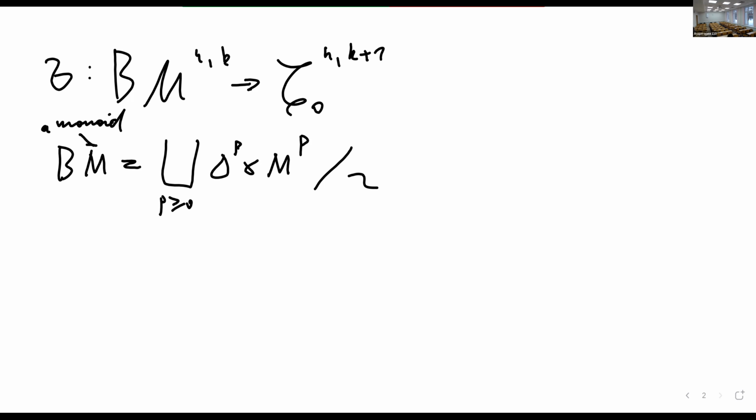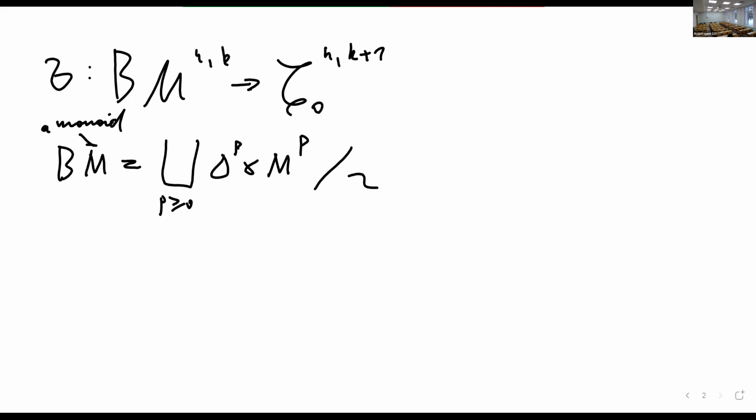Sorry, I think this time it was too loud. Could you please repeat what you said, because I didn't quite get it. Yeah, I said that it is also accurate to say that the classifying space of a topological monoid is the homotopic coherent nerve of the associated topological category.